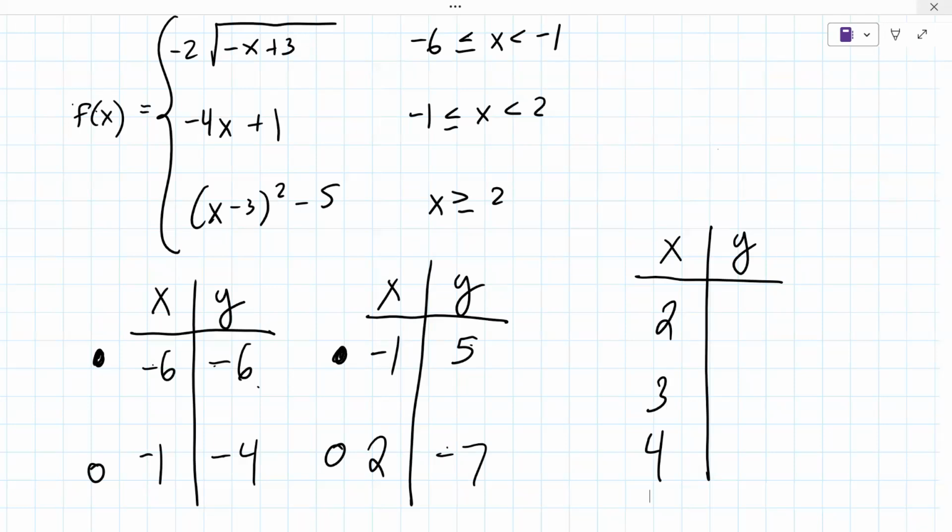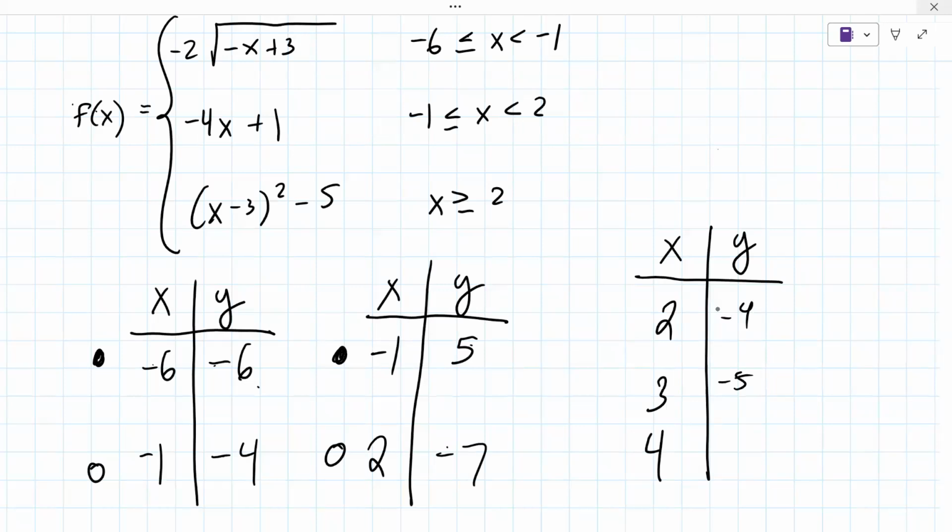And -4. It is -4. Good. And for 3, that's a -5. Good. How about for 4?